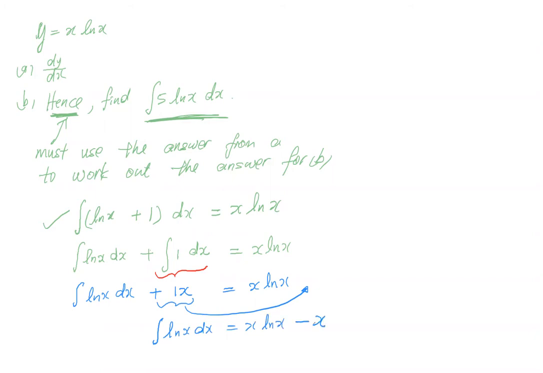But the question wants 5 ln x. You can interpret this as 5 times this. Are you clear? That is how I interpret. So I times 5 to the left, I times 5 to the right. Then I got what they want. Clear?